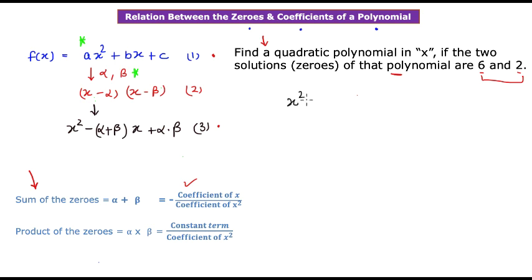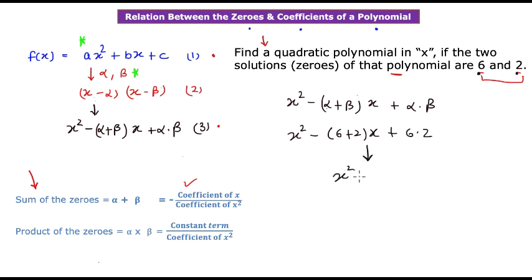So it is x squared minus (alpha plus beta) times x plus alpha times beta, right? As I simply substitute these values 6 and 2 in place of alpha and beta respectively, I get x squared minus (6 plus 2) times x plus 6 times 2, and this is equal to x squared minus 8x plus 12. Very simple, right?